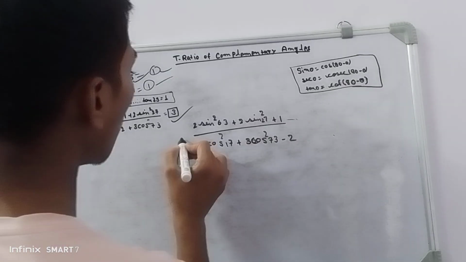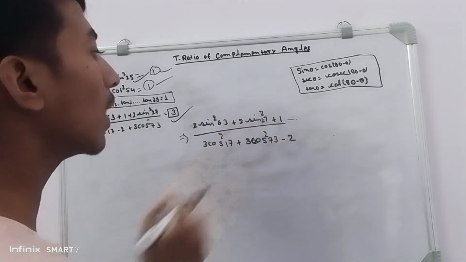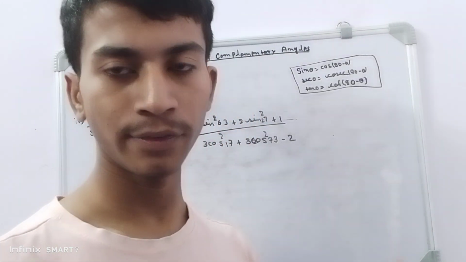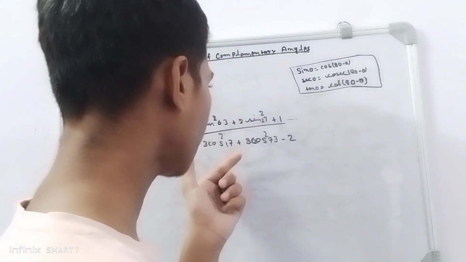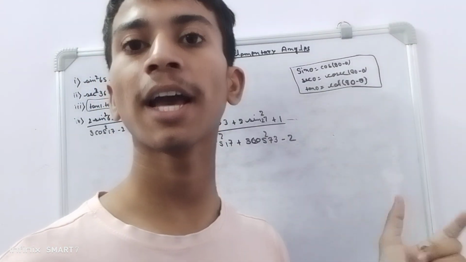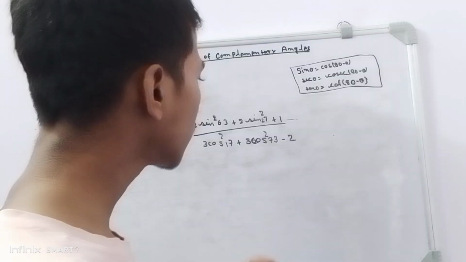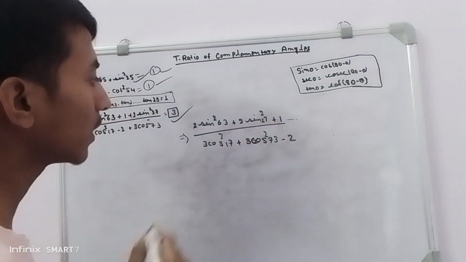So first you have to see that we have squares in the function, then you have to use the identity. If you are able to see that squares are in the function, meaning sine, cos, tan, cot and sec, like this, then you have to use the identity.